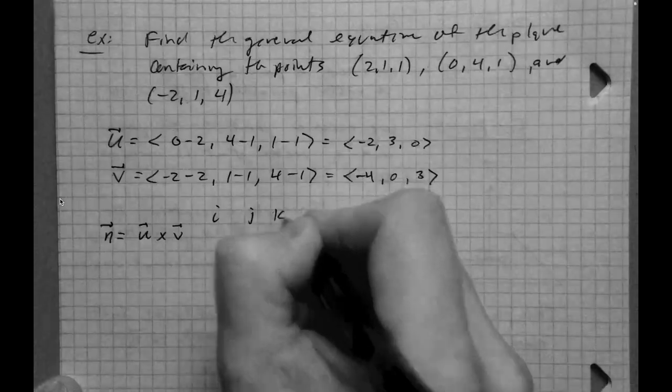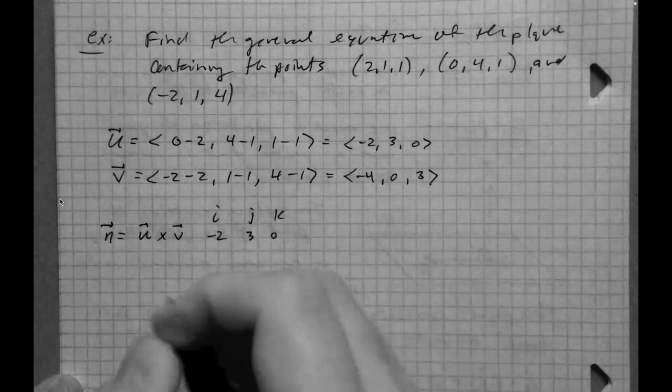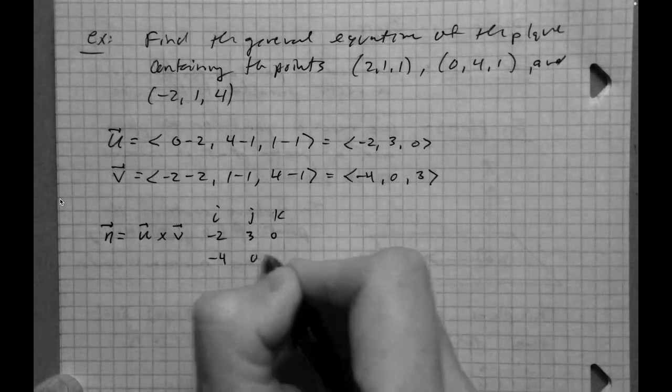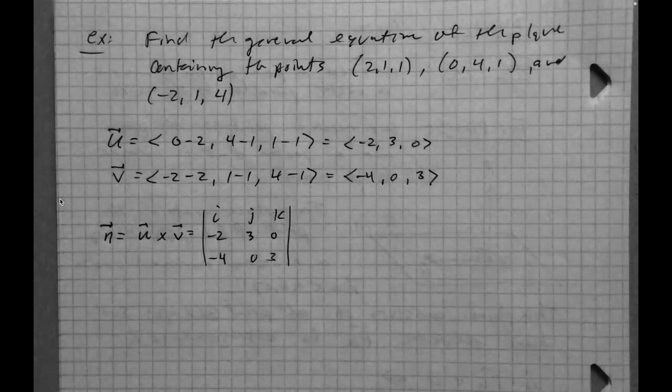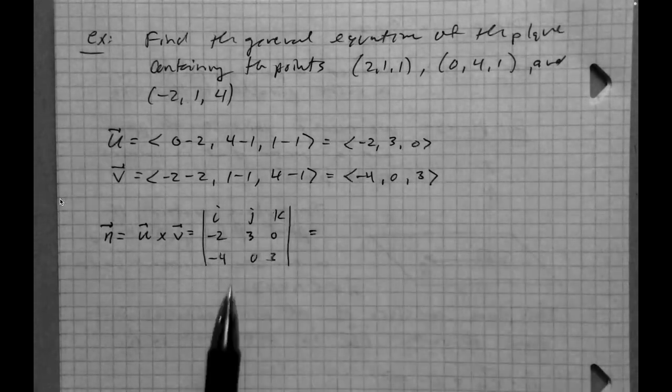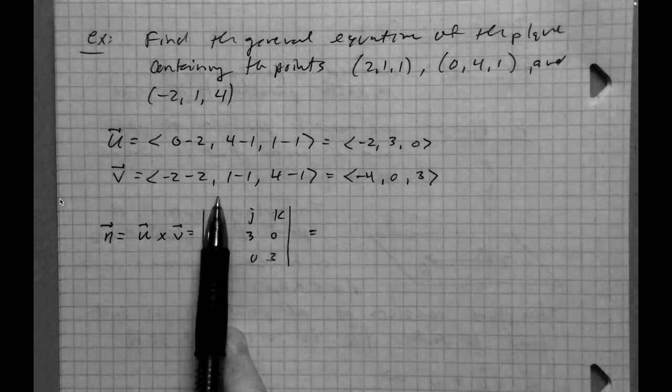And we can crank out that cross product really quickly. We know that it is the determinant of this. Crossing out the i, you would get 3 times 3 minus 0 times 0.